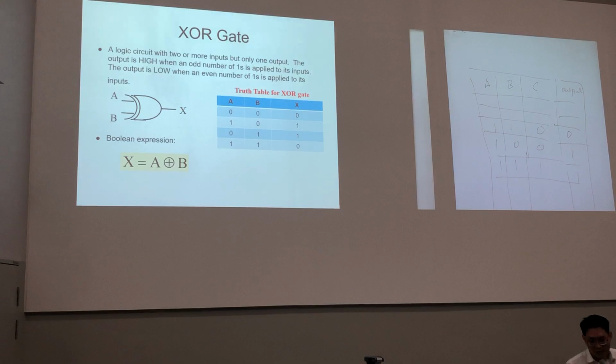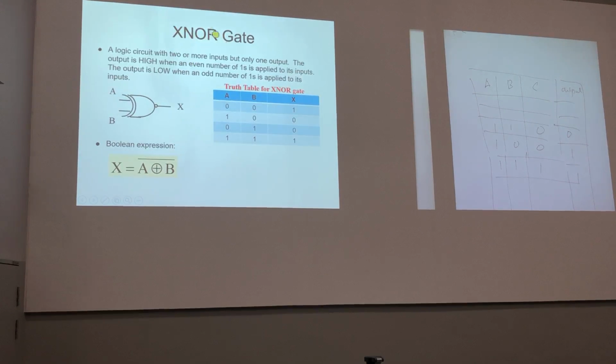Okay? So the only thing that you need to memorize is maybe the XOR gate and also the XNOR gate. This one, the concept is opposite to the XOR gate, which means that only with an even number of 1, I get a high. If an odd number of 1, I should have a low. That's all. By that, you have already memorized all the 7 gates. So gate 1 is inverter, 2 AND gate, 4 OR gate.